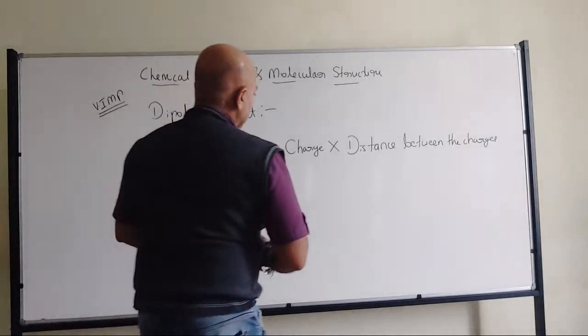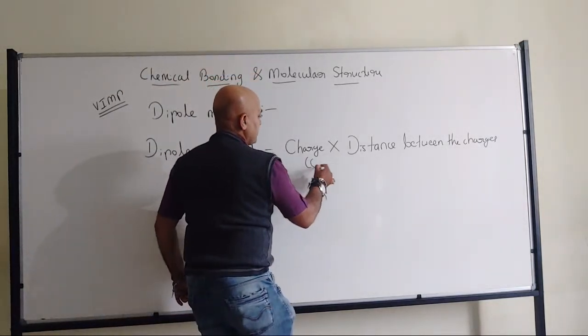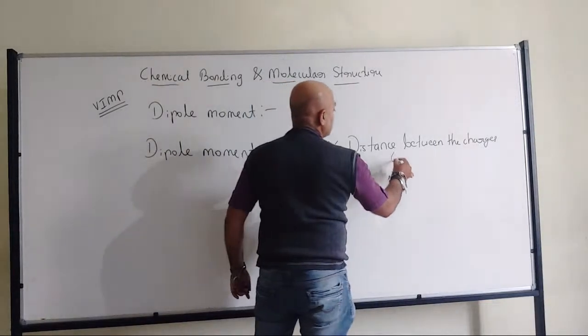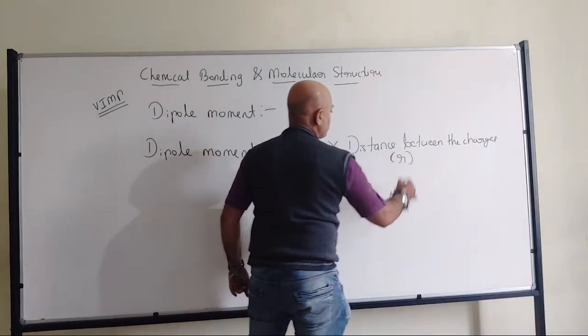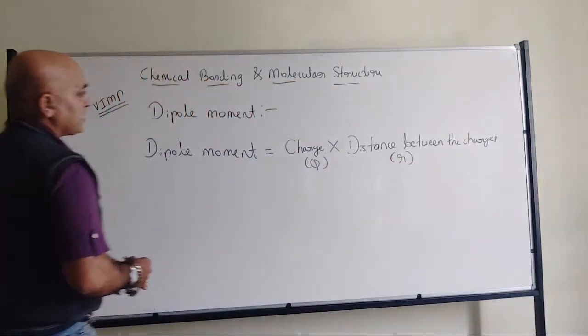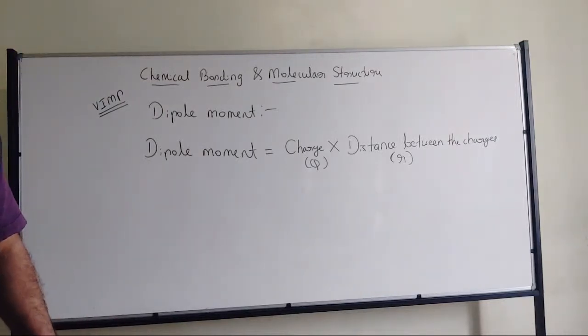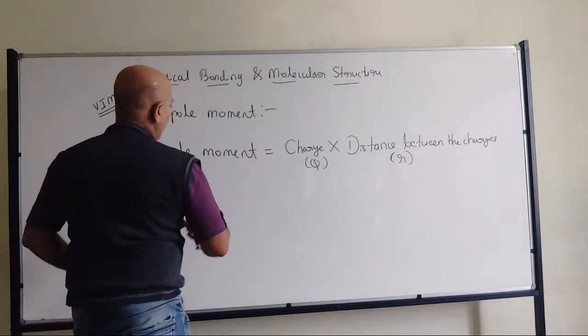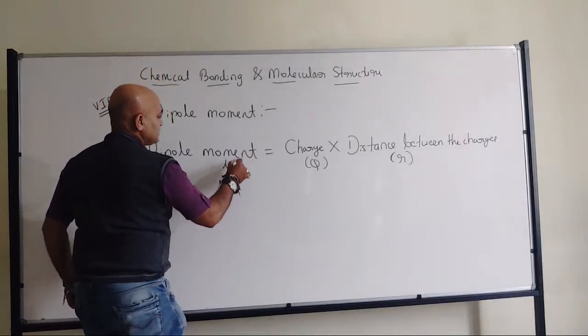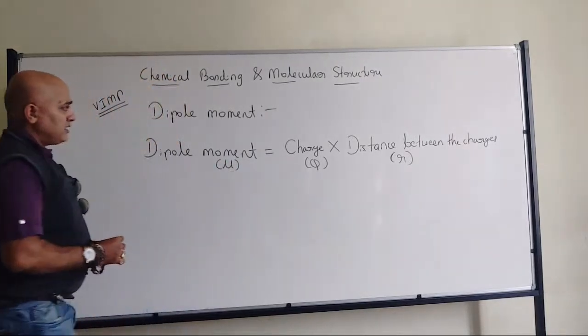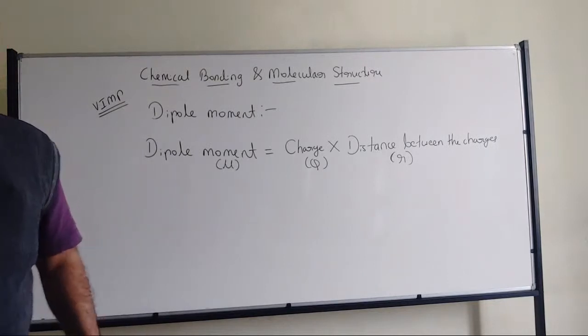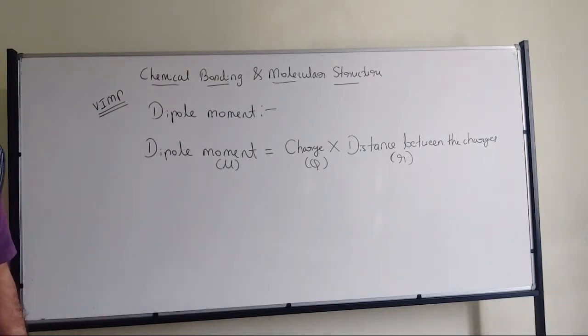Normally charge will have the symbol Q, and distance or separation of charge will be mentioned as R. Okay, so Q and R. And the dipole moment, symbolically we can mention it as mu. All of you have understood?